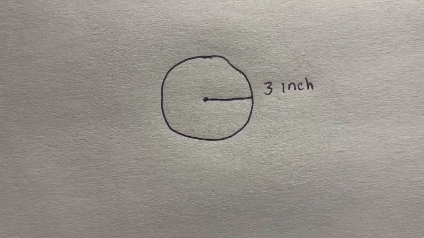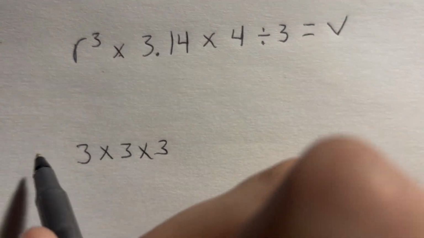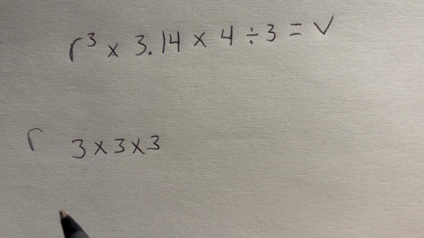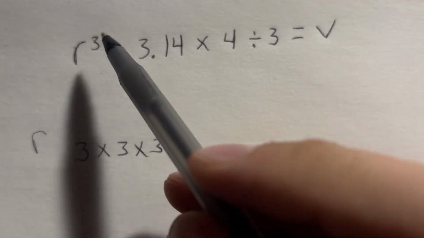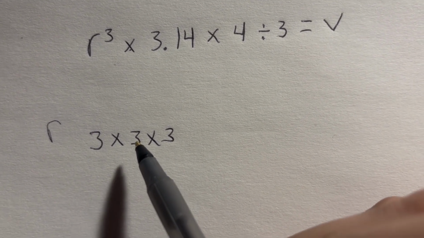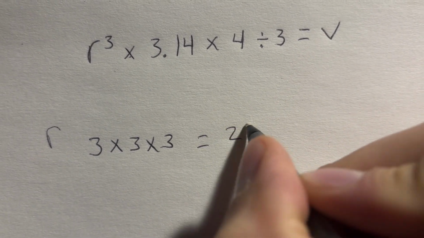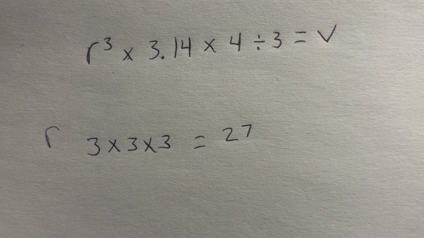You could do this formula. Do the radius. So the radius is 3 inches. It's cubed, so 3 times 3 is 9, and then 9 times 3 is 27. So we have 27 as our radius.